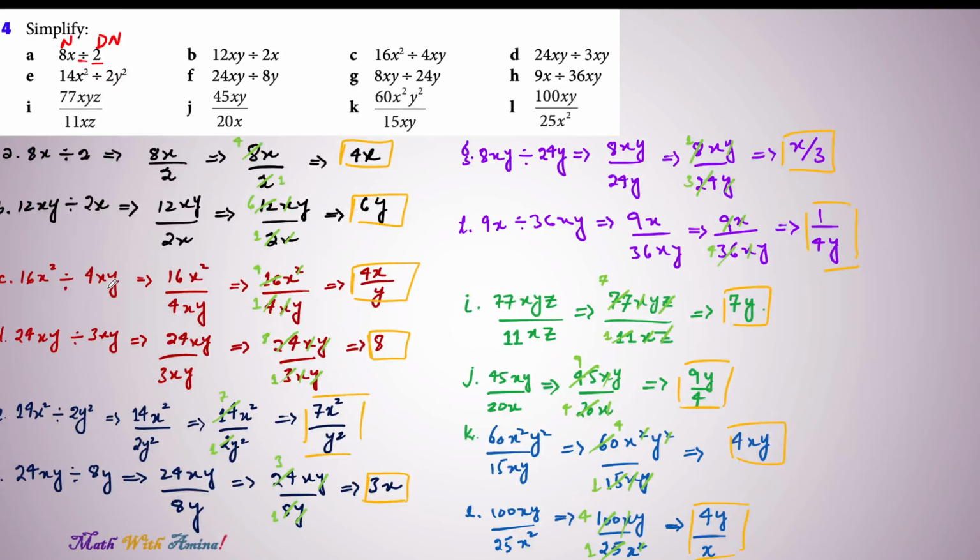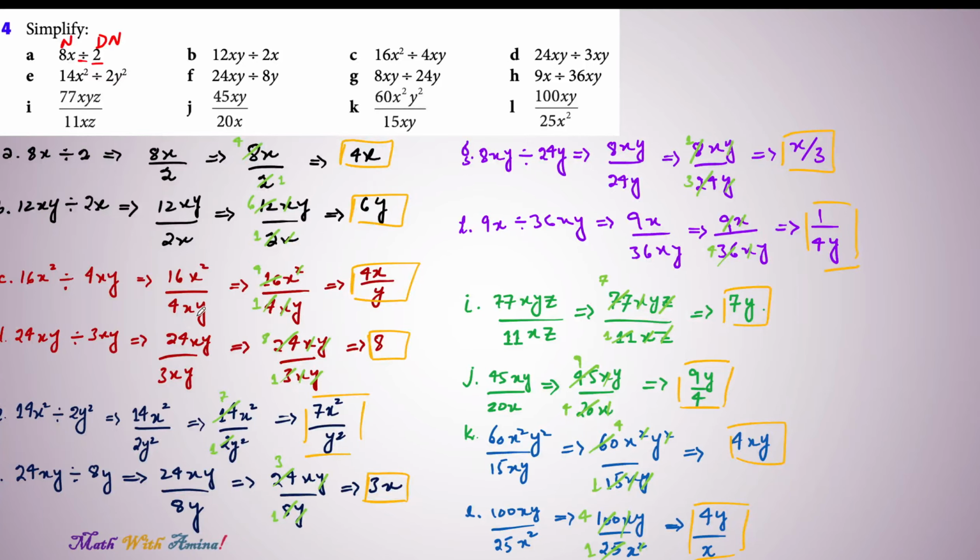16x squared divided by 4xy, so we write it as a fraction. 16x squared in the numerator, 4xy in the denominator. We look at the numbers. 16 divided by 4 is equal to 4, so we get 4x squared over xy. Then we look at the variables. In the numerator we have x squared, which is x twice because the power is 2, and in the denominator we have x once, because the power is 1.